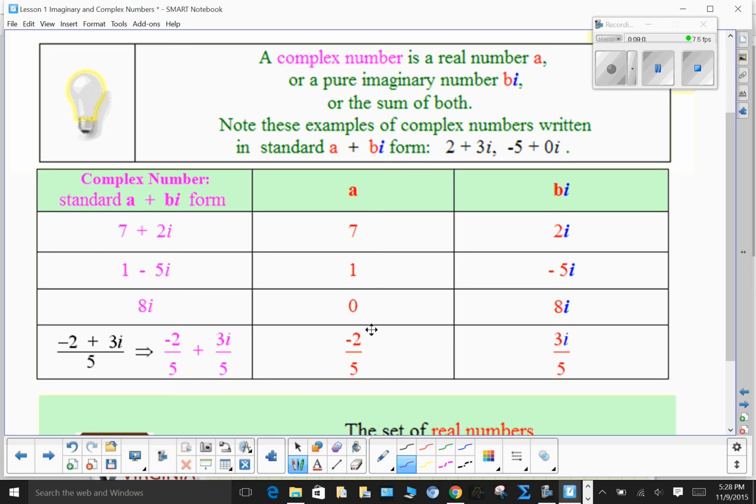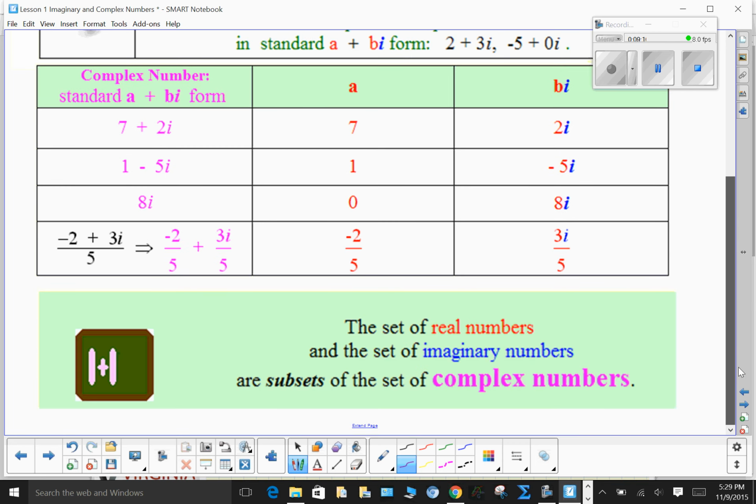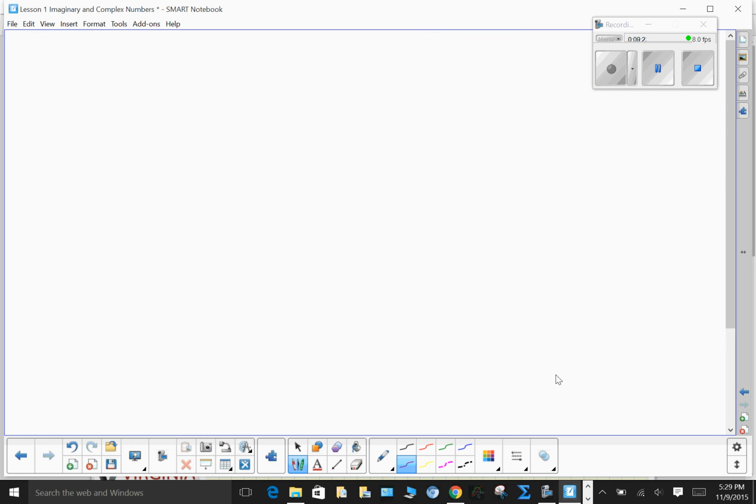I have my real and I have my imaginary. You have to be able to identify both the real and the imaginary portions of a complex number. The set of real numbers and the set of imaginary numbers are subsets of the set of complex numbers. And that's it.